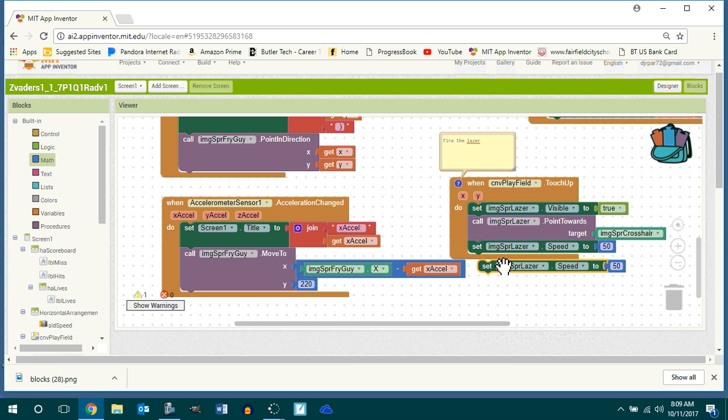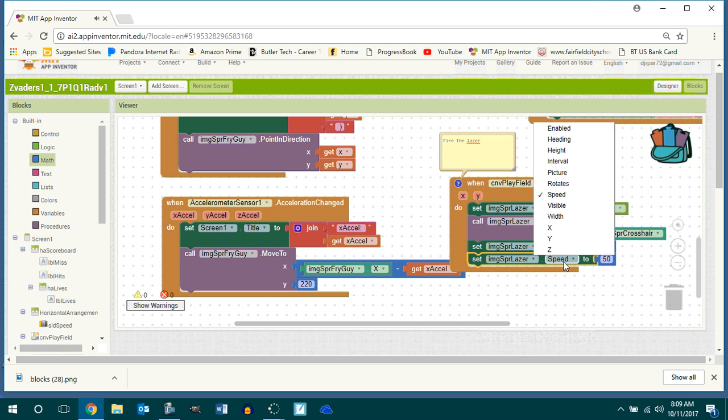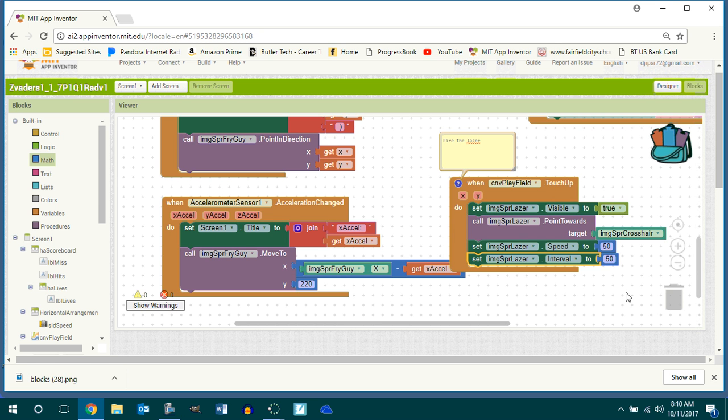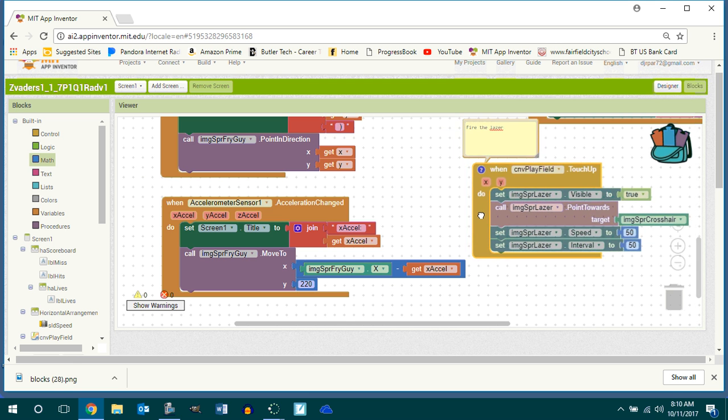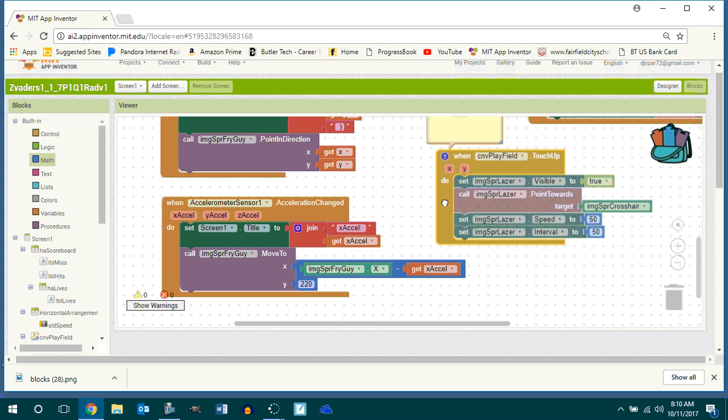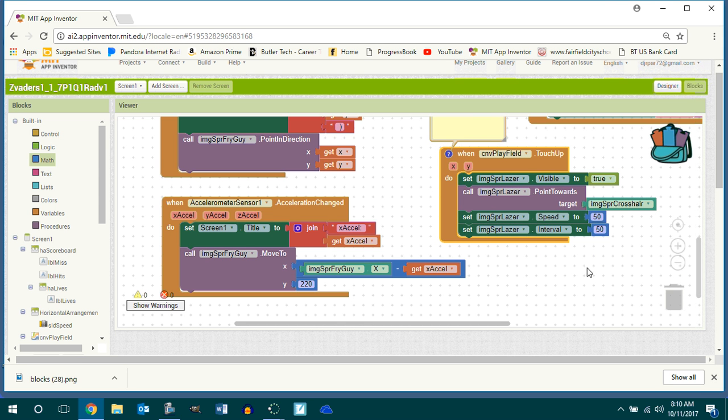Okay. Then you go down here and you set its interval. And if it's 50, what did we say 50 was? 50 milliseconds is 20 frames per second. So, yeah, let's try it. Okay.